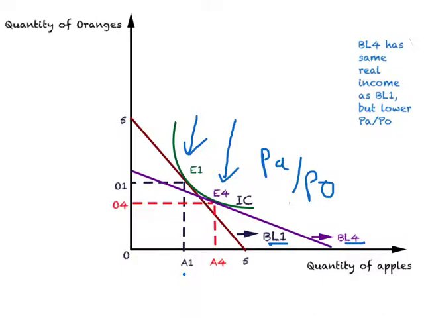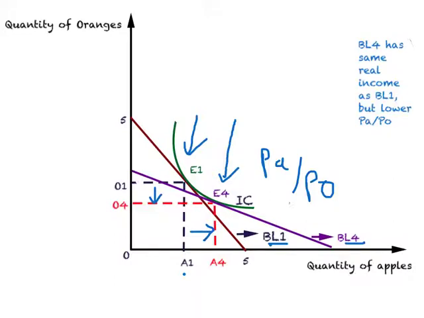Now because BL4 means that apples have become relatively cheaper, what has happened to consumption of apples? It has increased. Now when apples have become relatively cheaper, oranges must have become relatively more expensive. Why? Orange is the other good, and what you find is a decline in consumption of oranges.